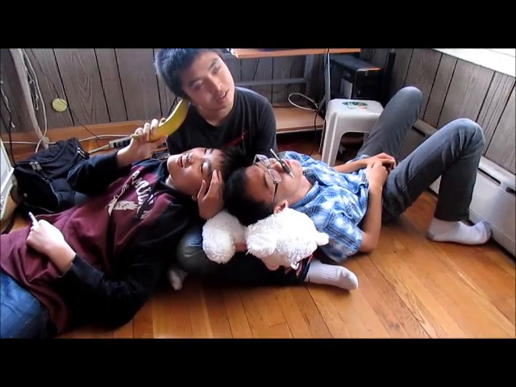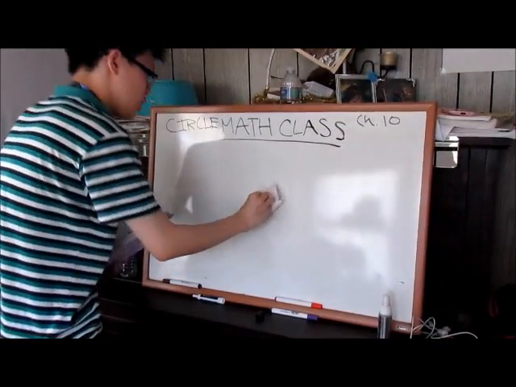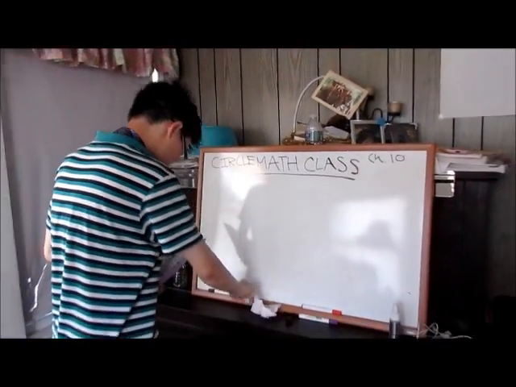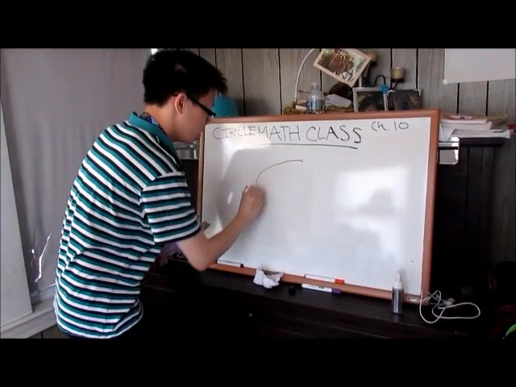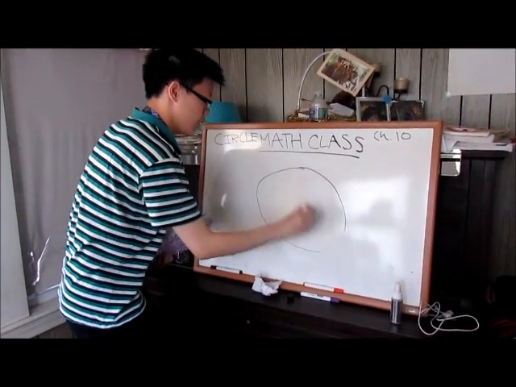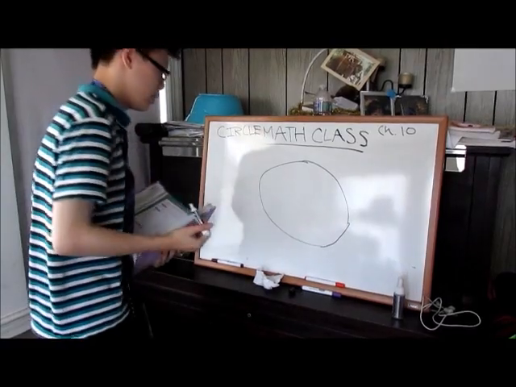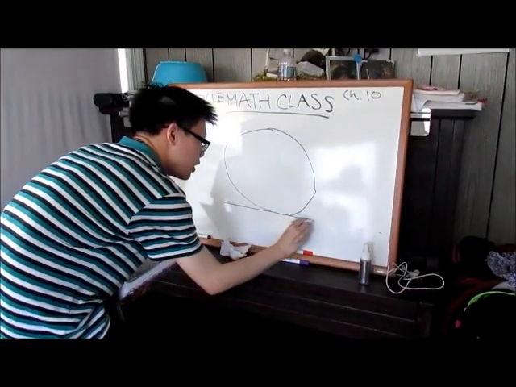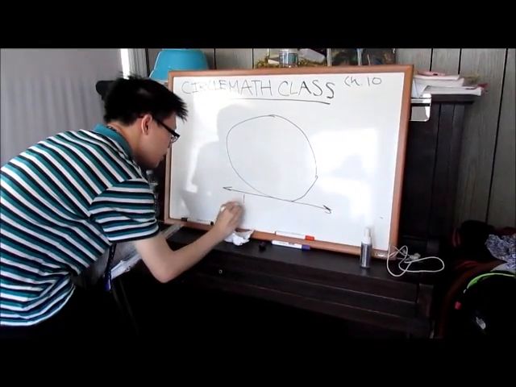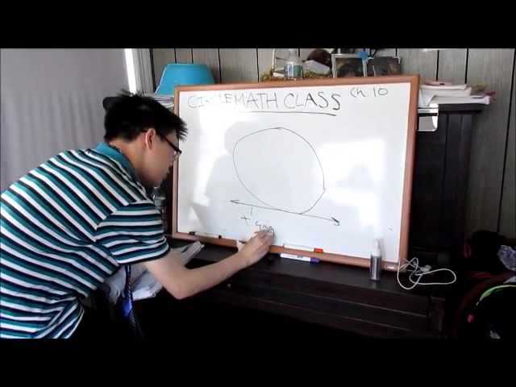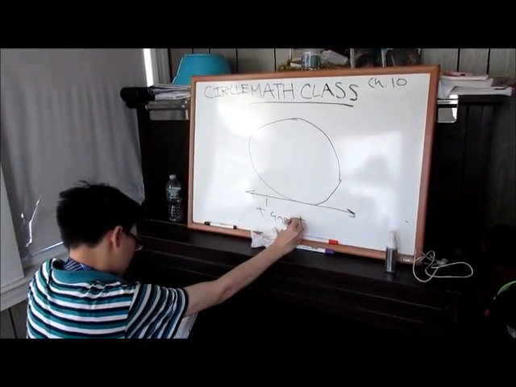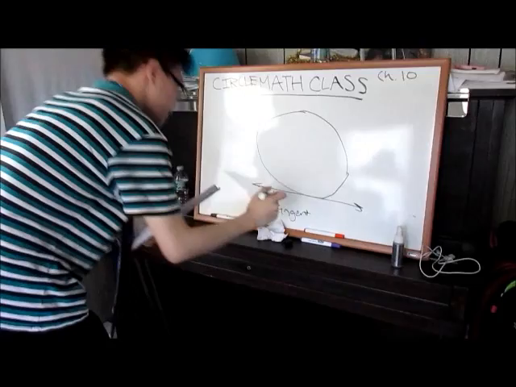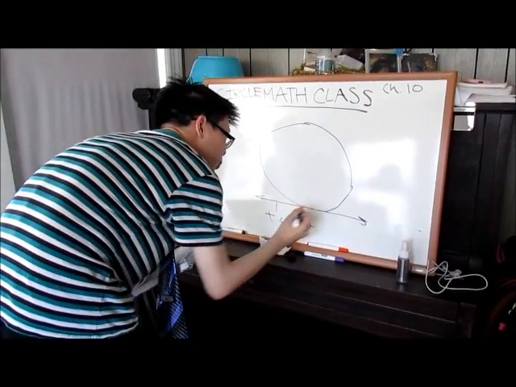Teacher, you forgot the tangent. Sorry, I forgot the tangent. Okay, so this is the circle again. And this is the tangent. Remember, a tangent is a line in the plane of the circle that intersects the circle in exactly 1 point.